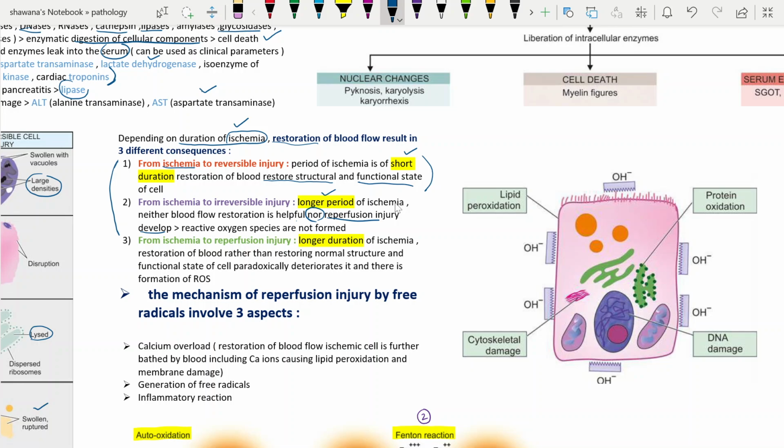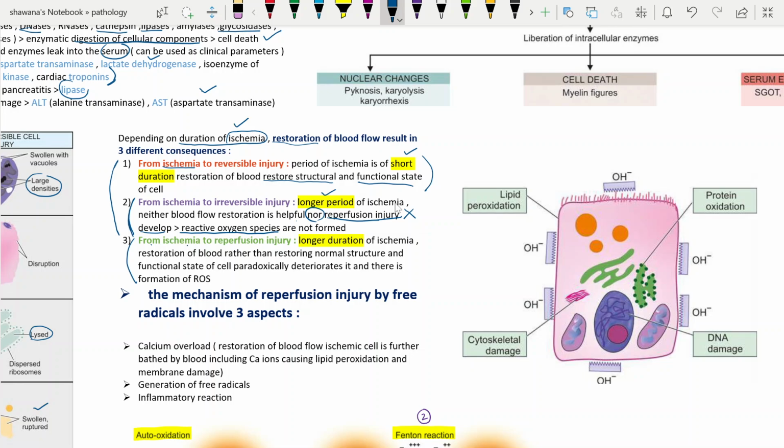Reperfusion injury means that if there is cell injury and the blood supply is reperfused, the organ or the tissue or the cell is reperfused with the blood, it does not stabilize the cell, but in contrast, it causes further damage and causes the formation of reactive oxygen species. But in this condition, reperfusion injury does not occur.